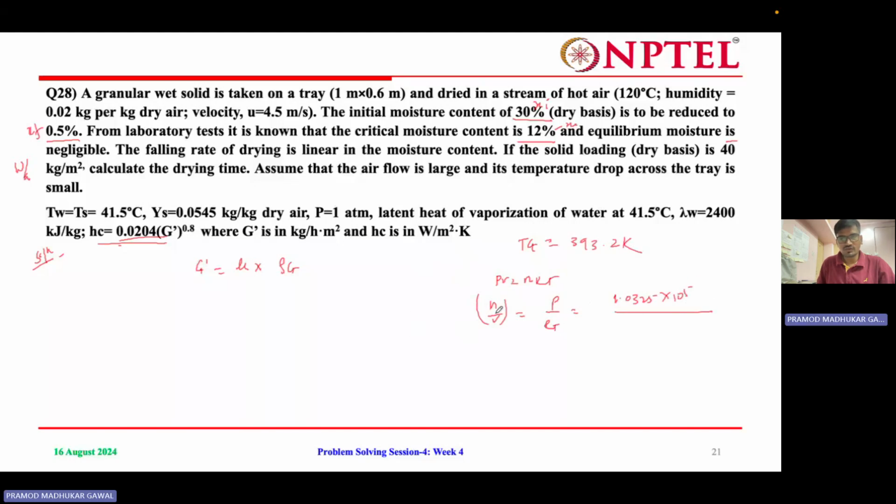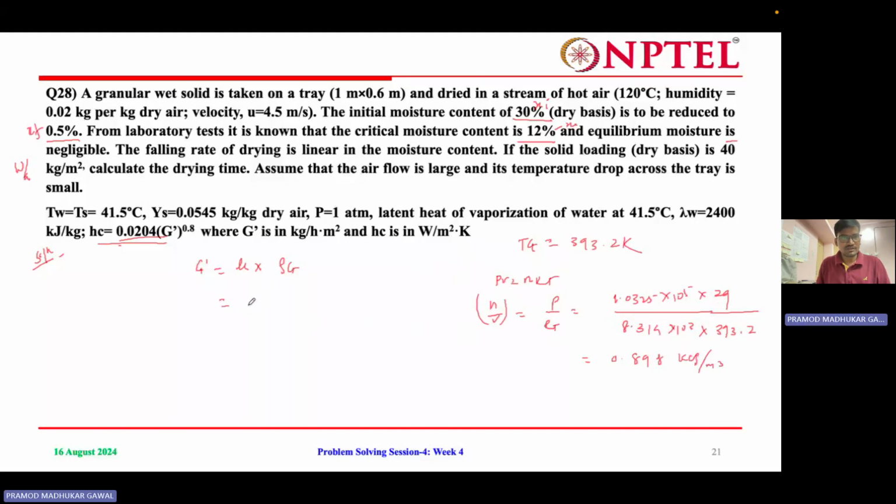To get the density in kg per meter cube, multiply by the molecular weight of air, 29, and divide by R, 8.314, the gas constant, into 10 raised to the power 3, into 393.2. The density is 0.898 kg per meter cube.